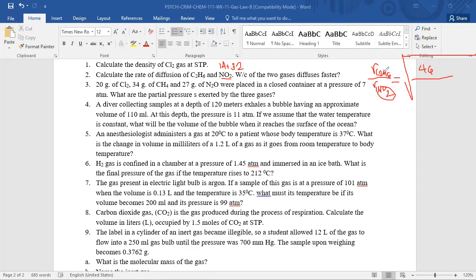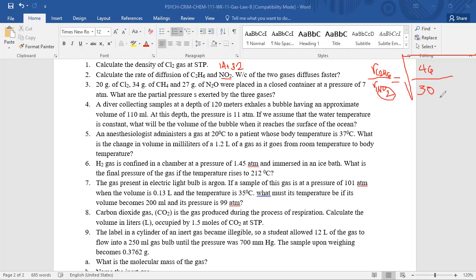Then our C2H6: two carbons, so 12 times 2 is 24, plus 6 hydrogen, so 30. Next step, 46 divided by 30 is 1.53. Then we take the square root.